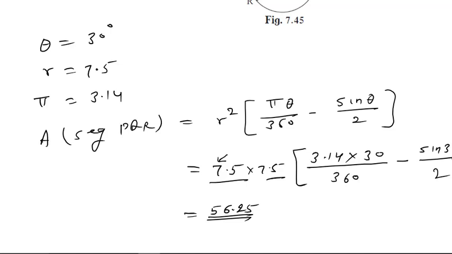Now inside this, 0 cancels, 3 1s are 3, 2s are, so here I have 3.14 divided by 12 minus sin 30. The value of sin 30 is 1 upon 2, so it will become 1 upon 4.